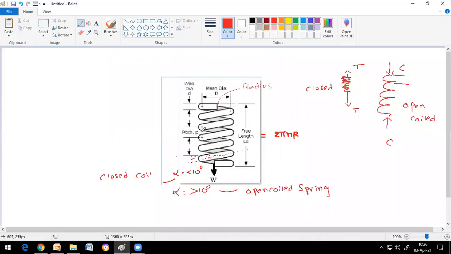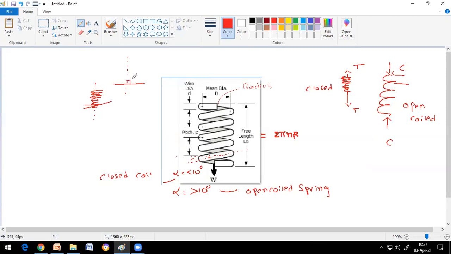That means if you see the spring, which is very closed coil, closed without having any space, and you see the axis, this axis will be almost straight. This is the axis of the spring. If the coils are very close to each other, the helix axis of the spring will be almost straight.